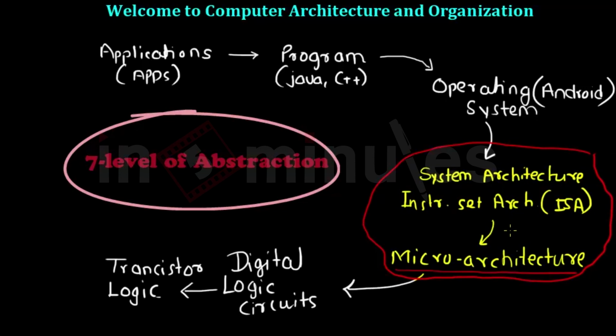This part acts as an interface between the software part and the hardware part, and it affects both levels of abstraction. Whatever changes or issues there are in the computer architecture are going to affect both software and hardware. So this is the most crucial stage in the transformation levels I've shown.